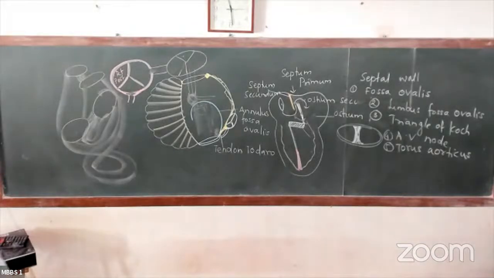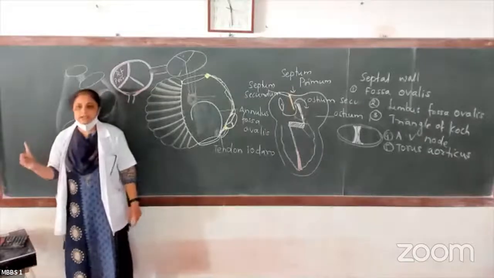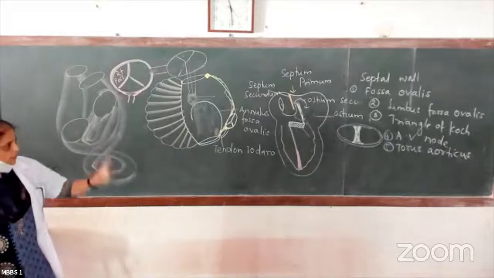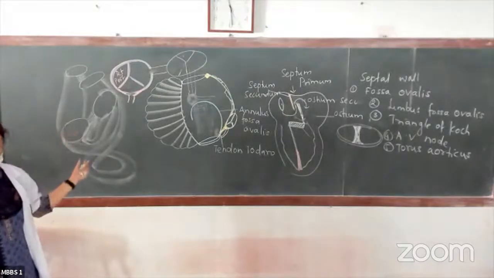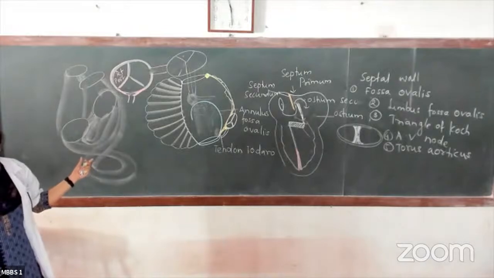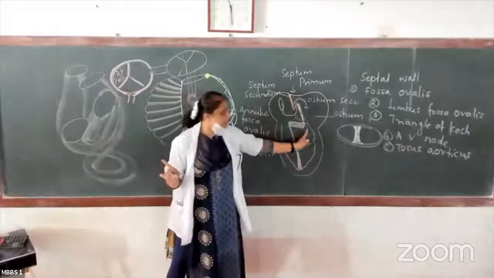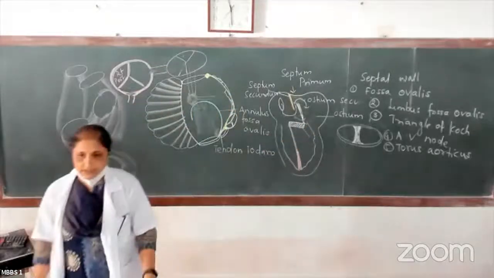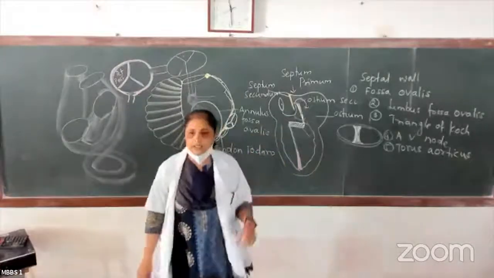At that time, remember that the right posterior aortic sinus is the non-coronary sinus. Are you getting this? It is producing one elevation in the right atrial septal wall. Because the septal wall is oblique, it is producing one elevation that is called the torus aorticus. So these are the features which are seen in the septal wall.